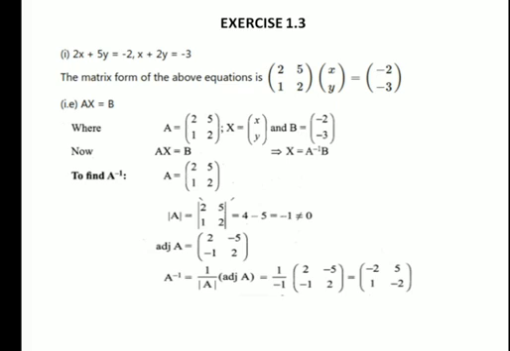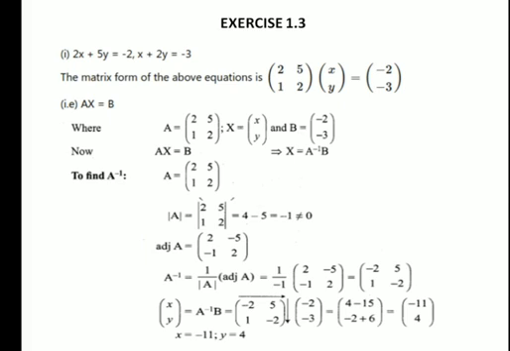Then A inverse equal to 1 by A modulus times adjoint of A. 1 by minus 1, then after that you take the adjoint of A and write. The answer is minus 2, 5, 1, minus 2.